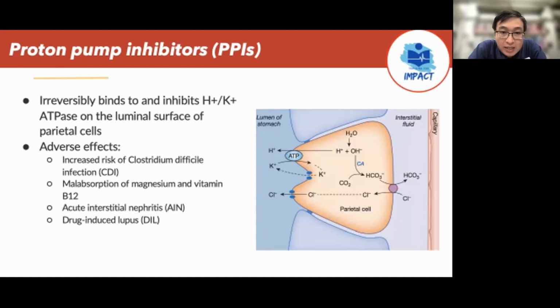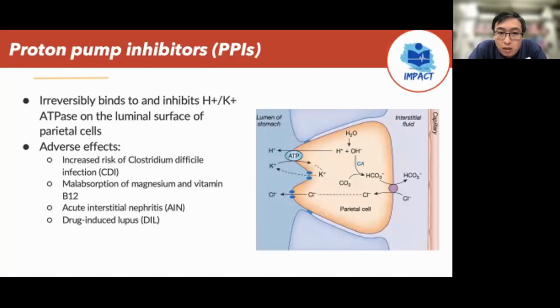The first is magnesium, and the second is vitamin B12. Sometimes this can cause clinically significant hypomagnesemia and clinically significant vitamin B12 deficiency.